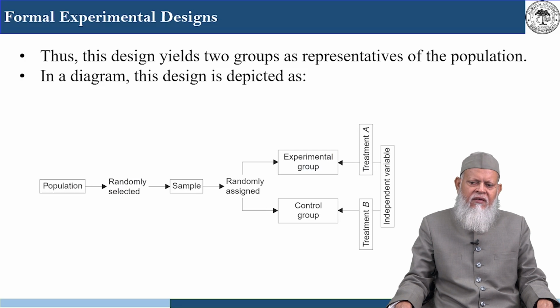Any of them can go to any of the groups, and that takes care of many things. Then treatment A is given to the experimental group and treatment B is given to the control group. These are independent variables, and then the difference is studied.